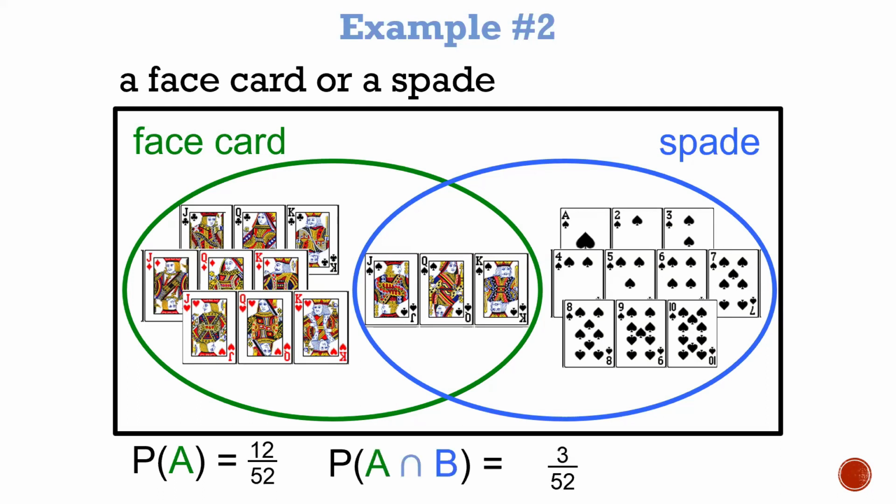There are 3 that are both, so this is the "and." The probability of A and B, the intersection, is 3 out of 52. The probability that it's just a spade is 13 out of 52.